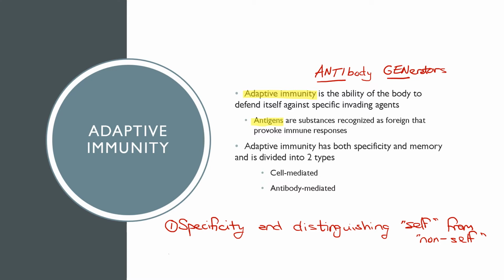Our second property that distinguishes adaptive immunity from innate immunity is going to be the memory for most previously encountered antigens, so that a second encounter prompts an even more rapid and vigorous response.